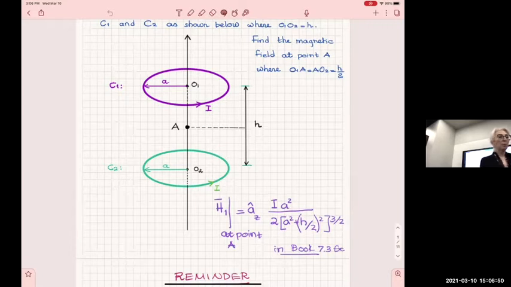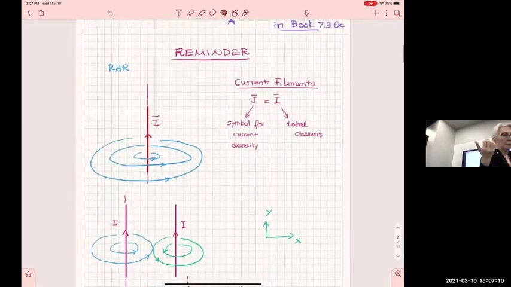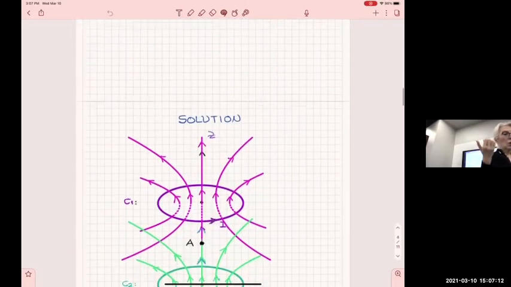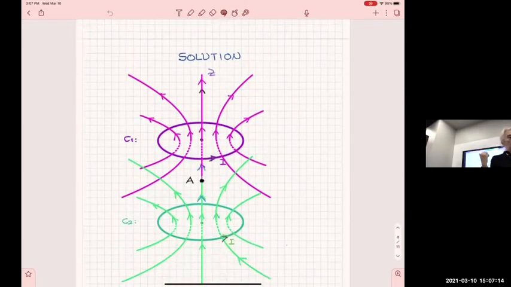So in this particular case, because the current moves along my thumb, the magnetic field around that current loop is going to come up, down, up. If you look at the purple loop, the magnetic field will go like this.